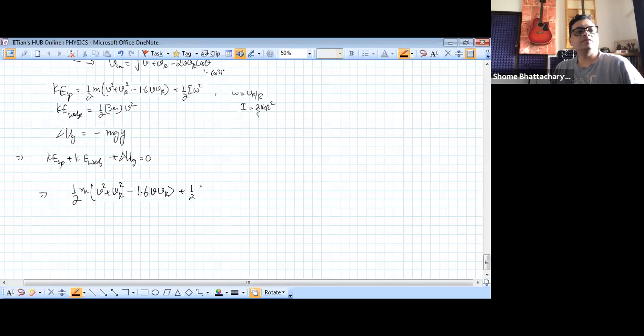So this will become half into 2 by 5 m V relative square. Okay, this plus half into 3m V square is equal to mgy.